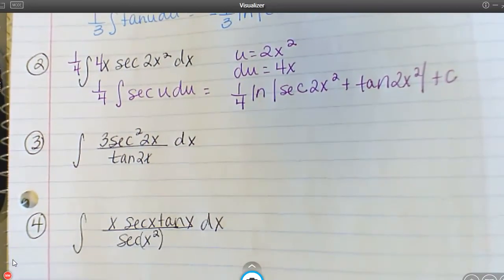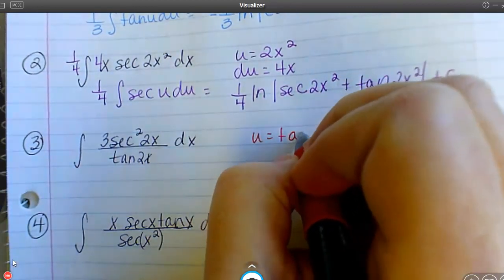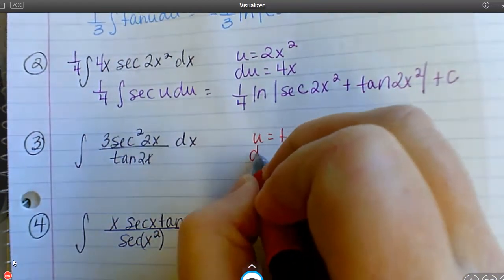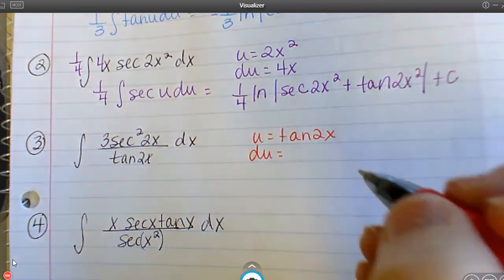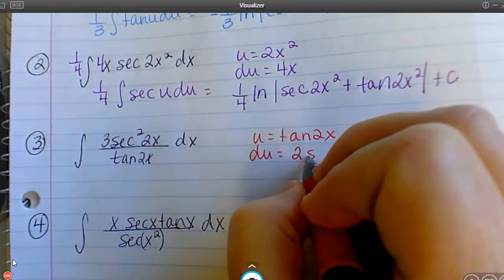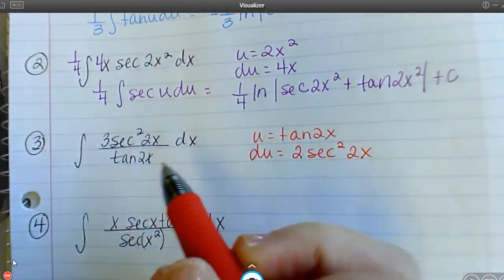Okay, again we're going to use u substitution on this one. It's kind of complicated on the process here as far as what we're going to do, but we're going to let u be the bottom. Let's think about the derivative of tangent. Well, the derivative of tangent is secant squared, so this is going to be 2 secant squared of 2x. Notice we have everything but the 2.